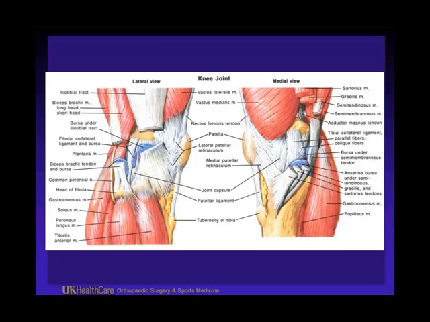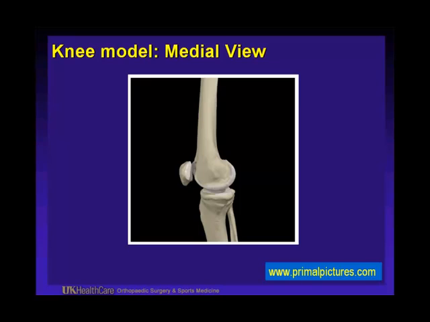You can see where the adductor magnus is and the attachment of the tibial collateral ligament proximally, medial retinaculum. So think about the medial view of the knee.